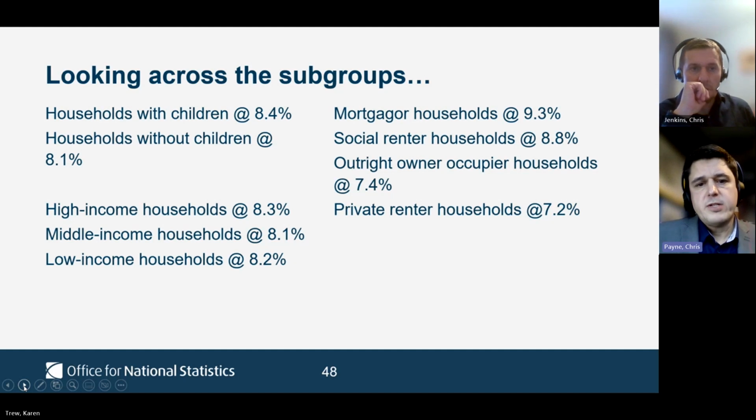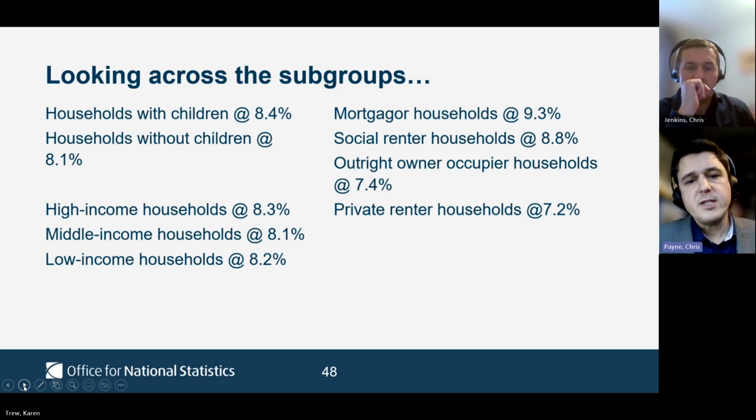We also produce a split by tenure type, so the different types of housing. As you might expect, mortgage households have got the highest inflation rate in September 2023 across all of the groups. And that, of course, is due to mortgage interest payments. The social renter and outright owner-occupier household subgroups have got sort of mid-range inflation rates.